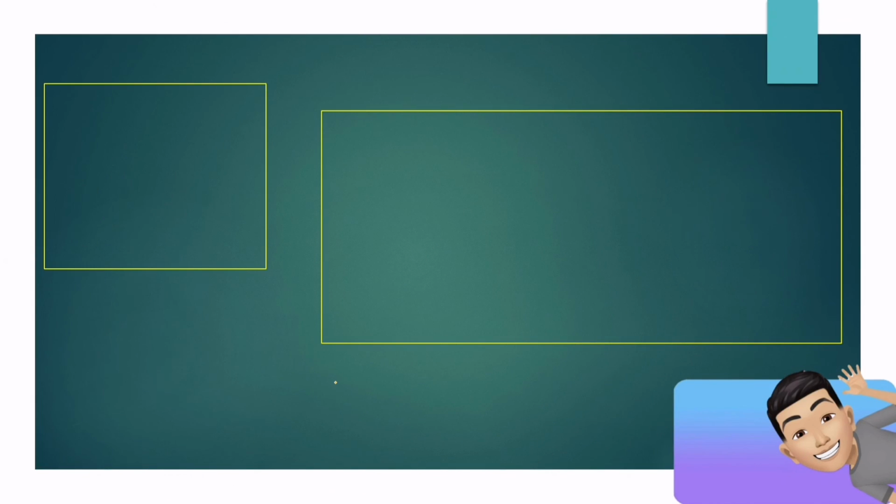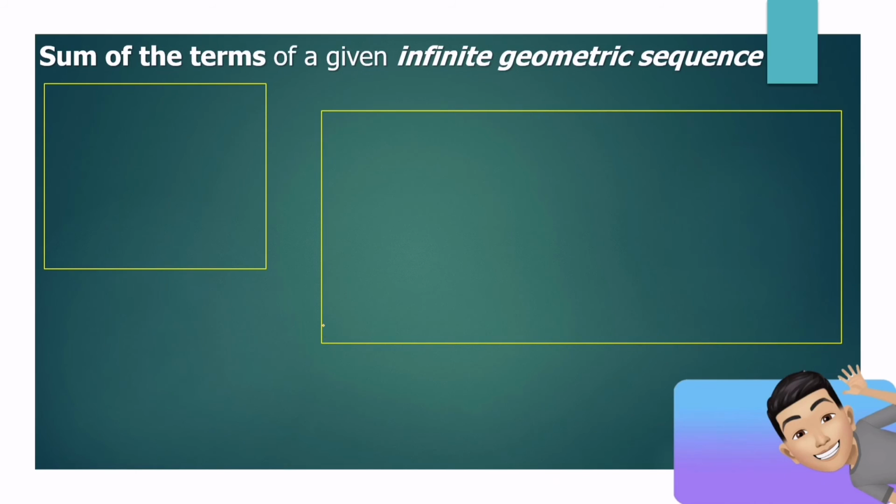Okay? So, let's proceed to another sum of the terms of a given infinite geometric sequence naman. So, eto naman, hanggang up to infinity yung titingnan natin. Ano yung summation? Meron tayong dalawang case dito. Una, when R is in between negative 1 and positive 1.